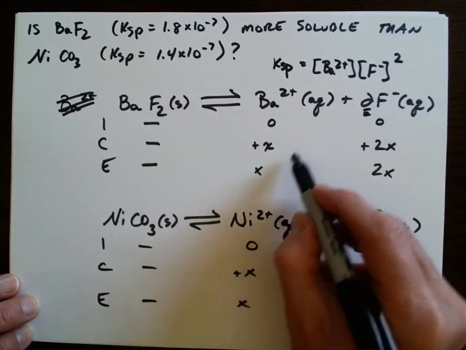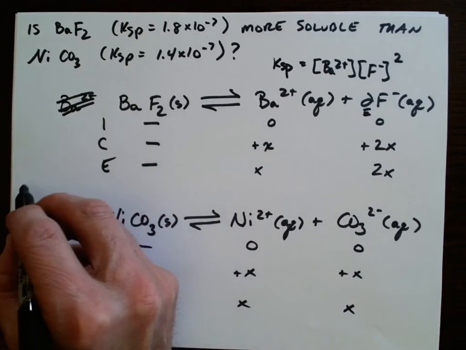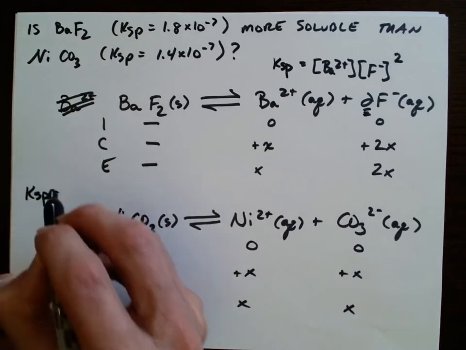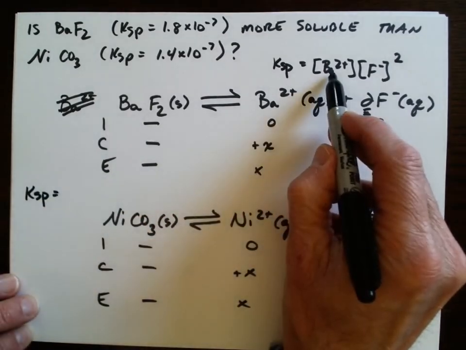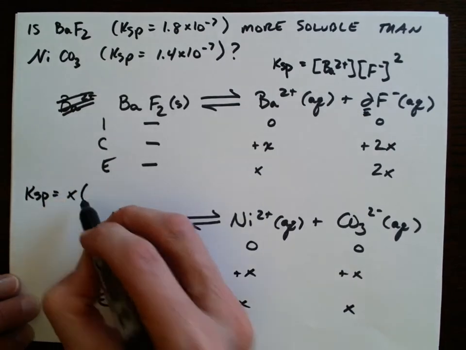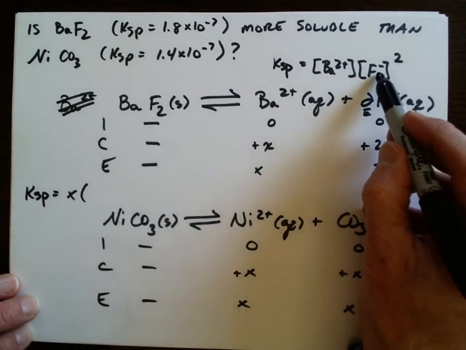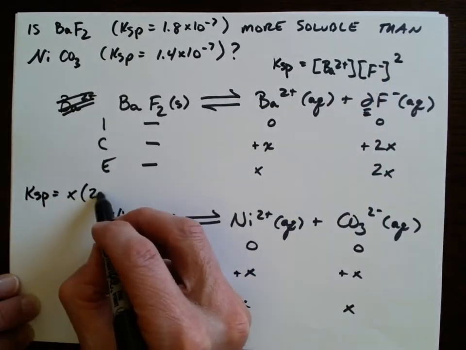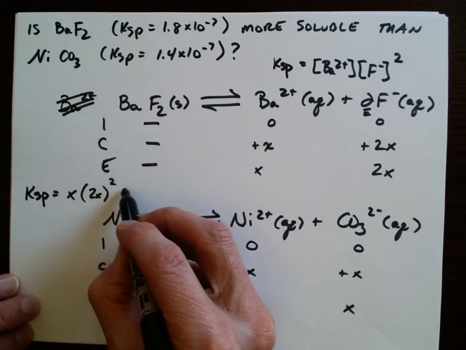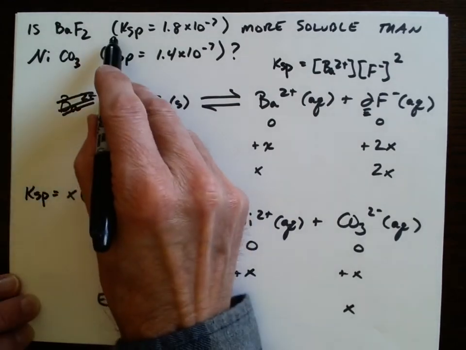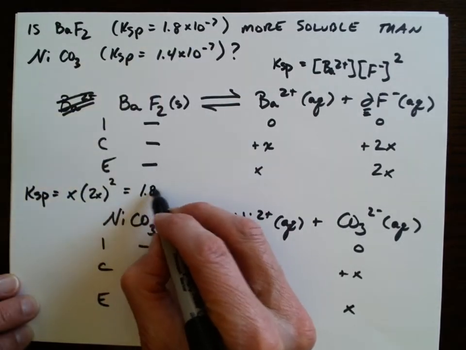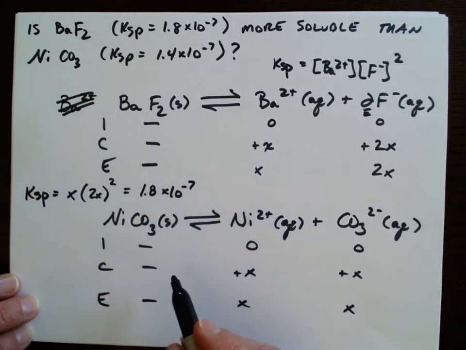If I plug this in, KSP is going to be the concentration of barium at equilibrium, which is X, times the concentration of fluoride squared at equilibrium, that's 2X, and that's going to be equal to 1.8 times 10 to the negative 7.